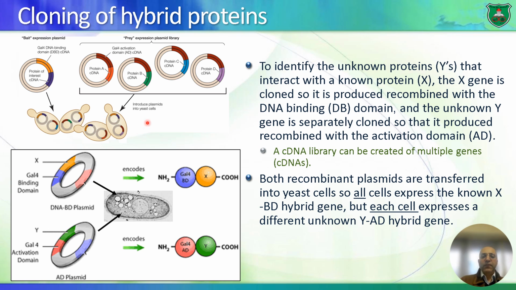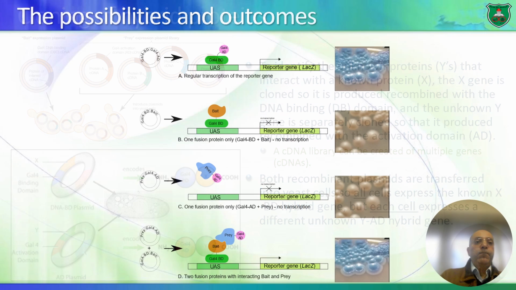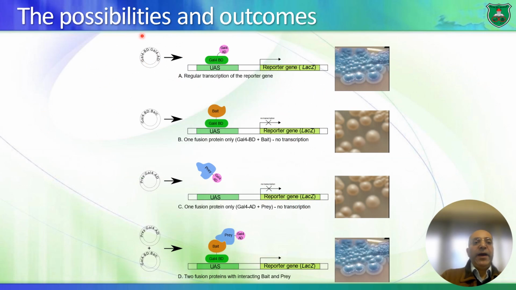All right? So these are the possibilities now. If we have a plasmid that produces the full Gal4 protein, this is the binding domain and the activation domain, then LacZ would be expressed. Beta-galactosidase would be produced. And if we add X-gal to these yeast cells, we're going to have a blue colony, right?